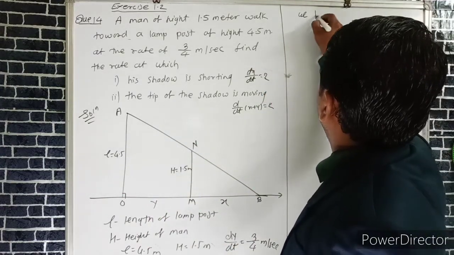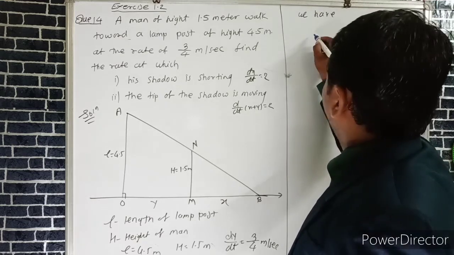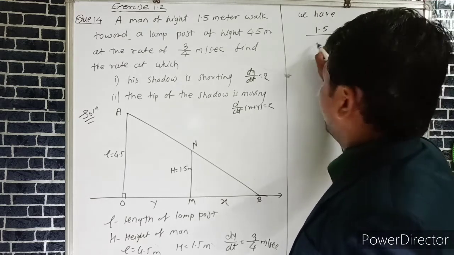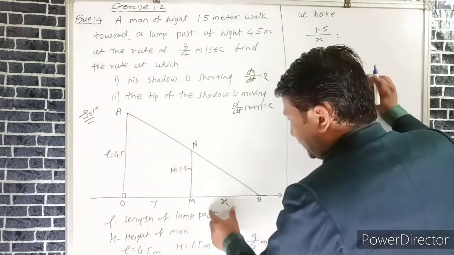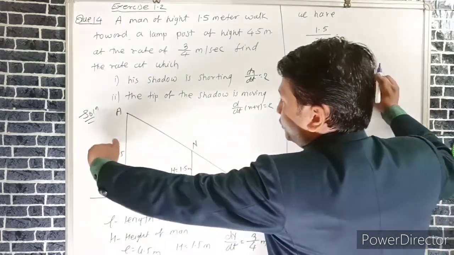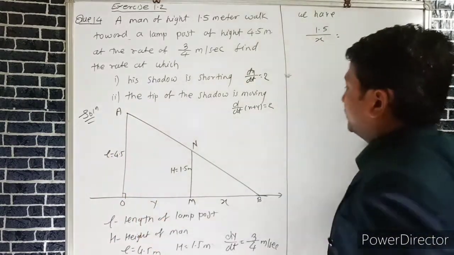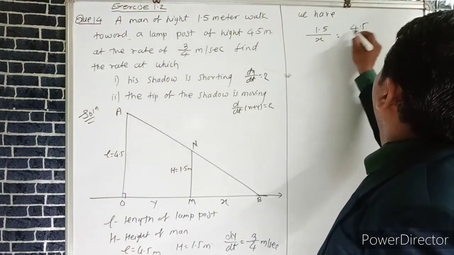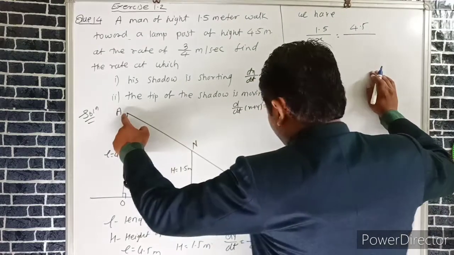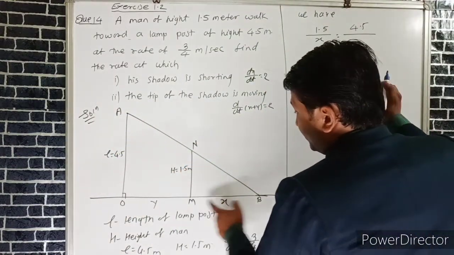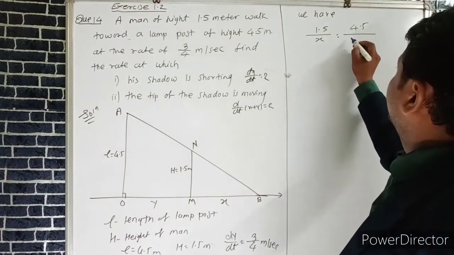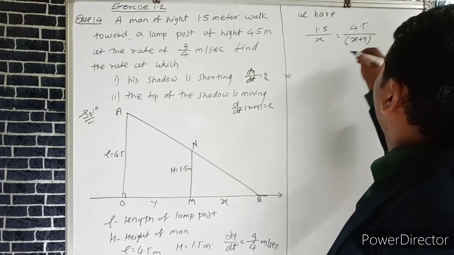Hence we have 1.5 upon x as to 4.5 upon x plus y, that is, the height of the man upon the shadow of the man, as to the whole lamppost height upon the shadow of the lamppost, which is x plus y.